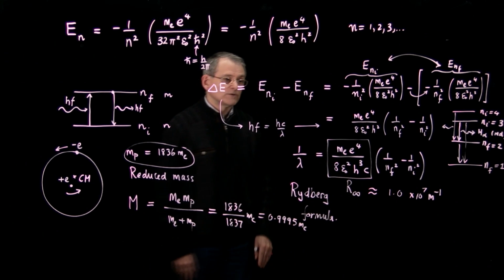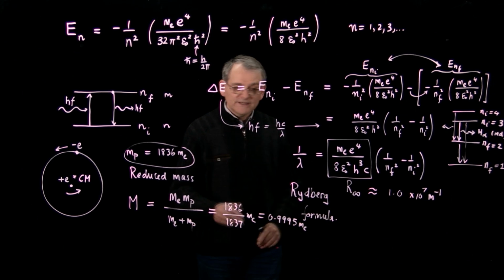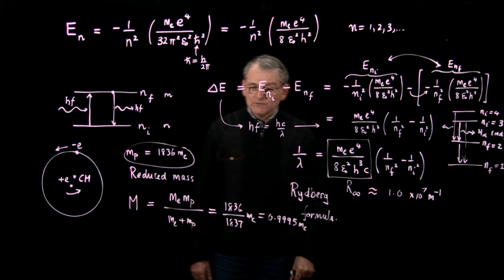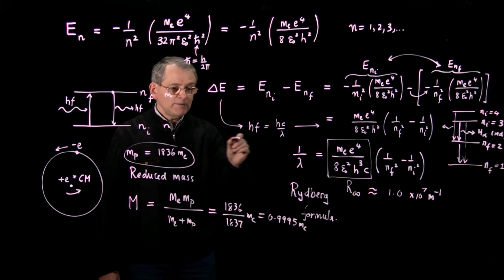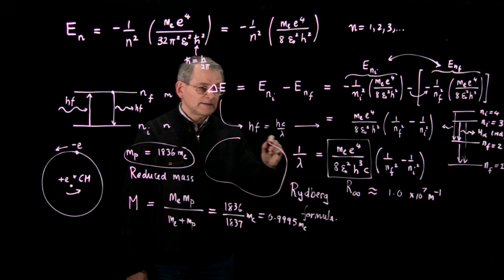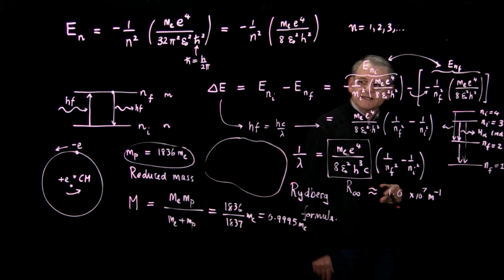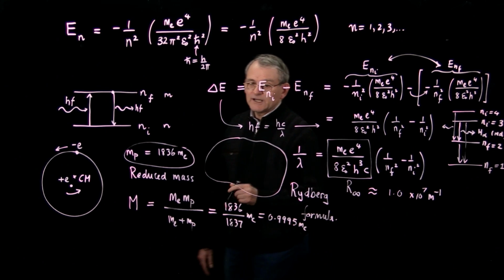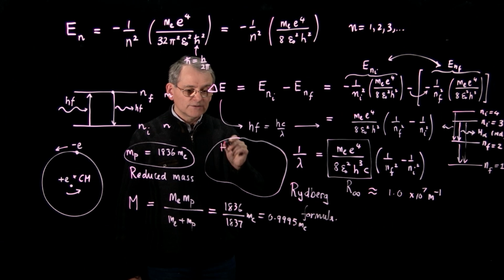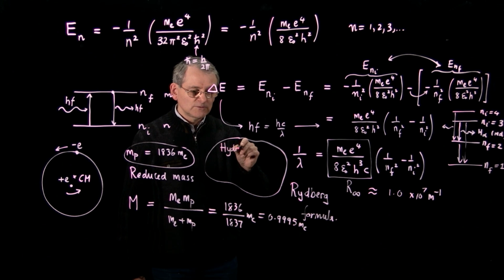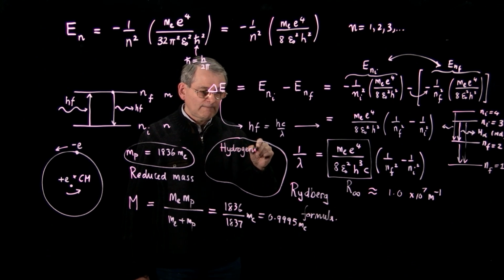But if I want to get a refinement to this model, I can replace the electron mass with the reduced mass. And that means that I can describe systems a little bit more accurately. In fact, what I can do is I can describe more generally what are called hydrogen-like systems, or hydrogenic atoms.